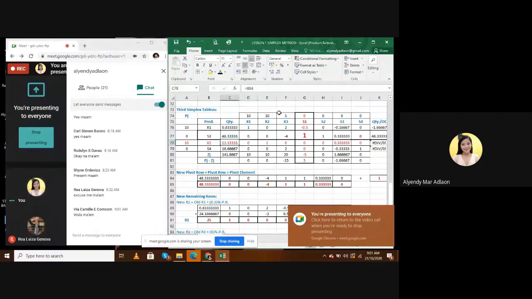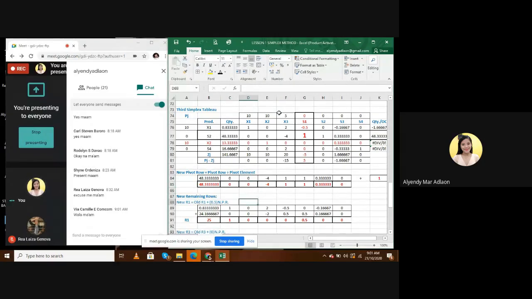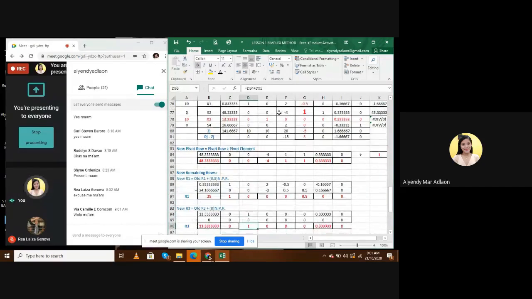Kay 48, 00, negative 4, 110. 25, 01 half, row 3, 13, 01, 00, 1/3.